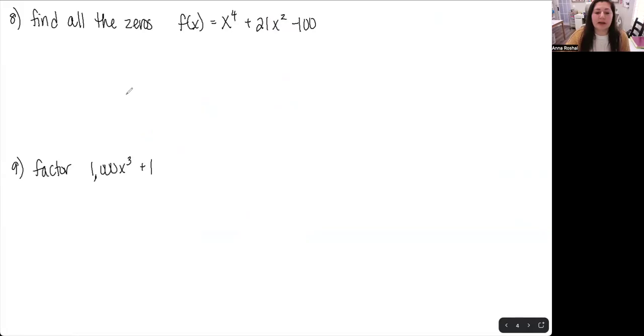Okay, so now we're going to go ahead and find all the zeros. And that number 9 is similar. We're going to factor completely. In this case, I am a fan of just taking a look and saying, okay, I know that x to the 4th is just x times x to the 3rd, or x squared times x squared.